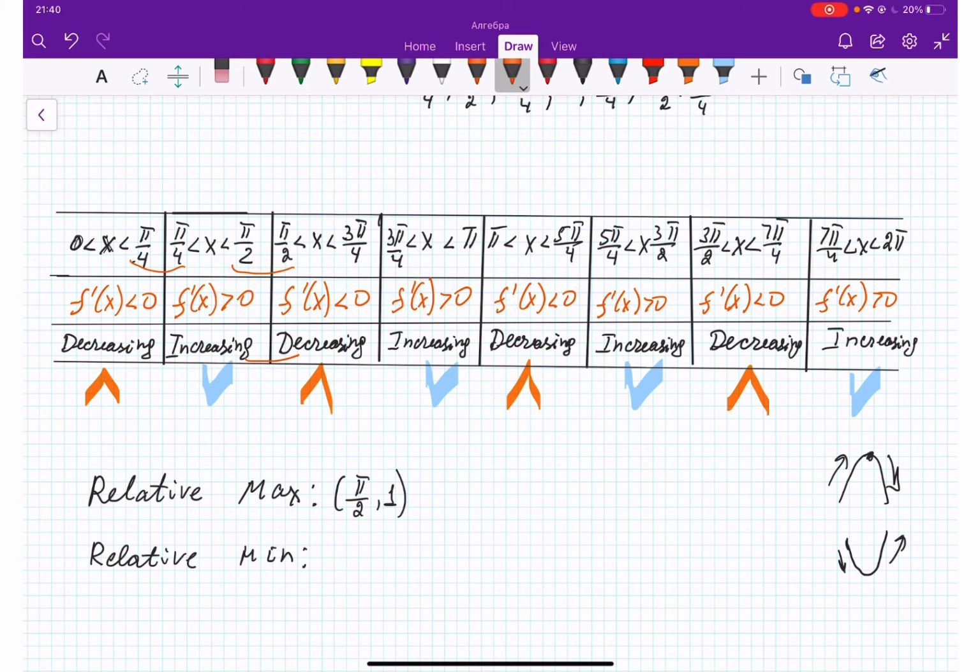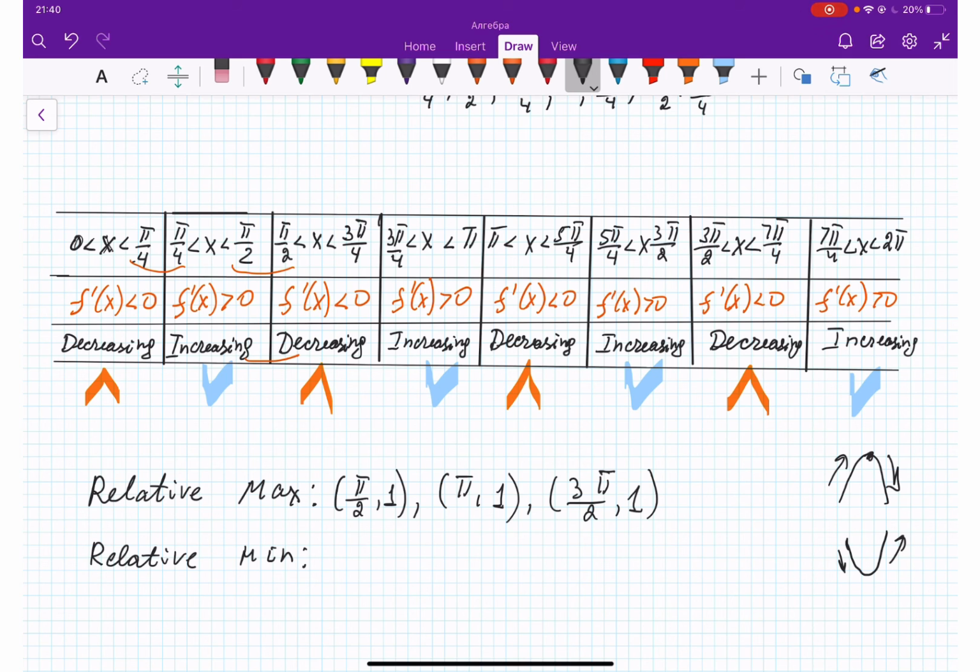So it's a relative maxima. Next, we have pi and 1. If you plug in pi, the result is going to be 1. And then we have 3 pi over 2 and 1. Those are the coordinates of maxima.